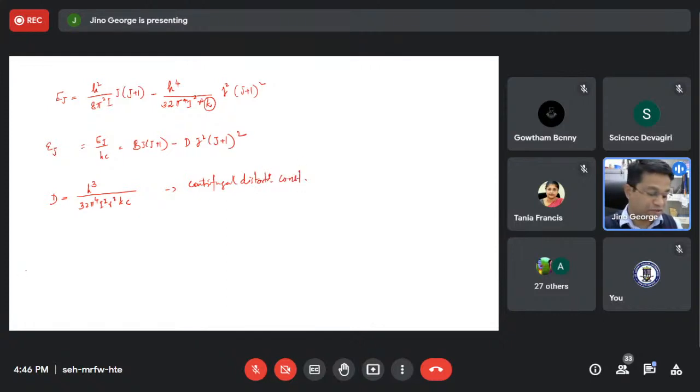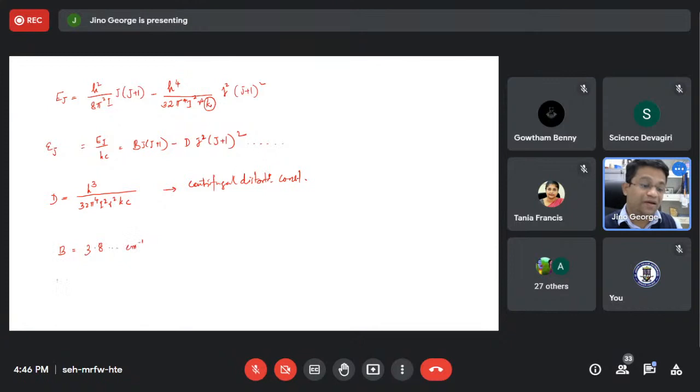I can have all other terms, but I take only the first term, which is D. This is the square term. I can have cubic and quadratic terms, and so on. But keep in mind that B can occupy some value. I was just mentioning, you see B was some 3.8, right? We mentioned 3.8 centimeter inverse, right?